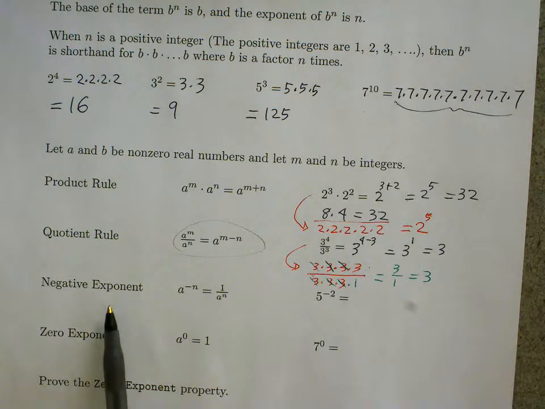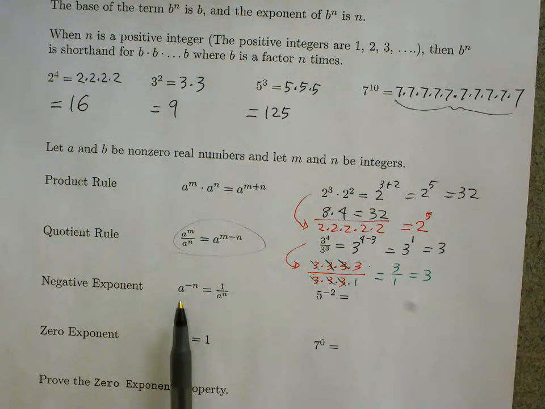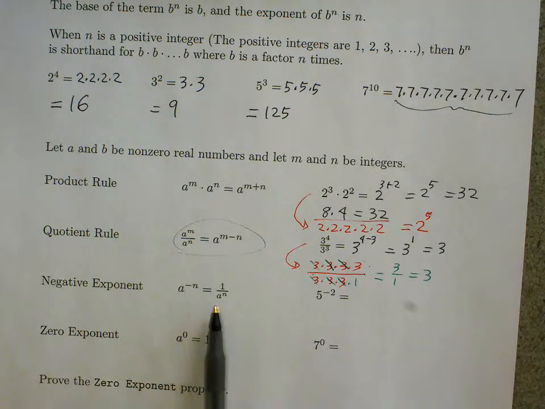A negative exponent: if we have a raised to the power negative n, then that's equal to 1 divided by a to the positive n.